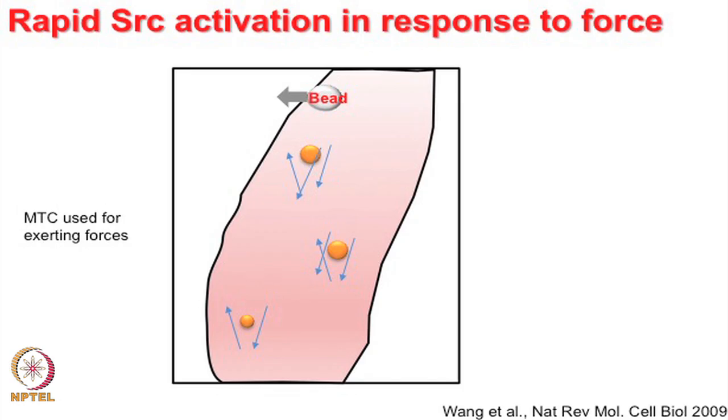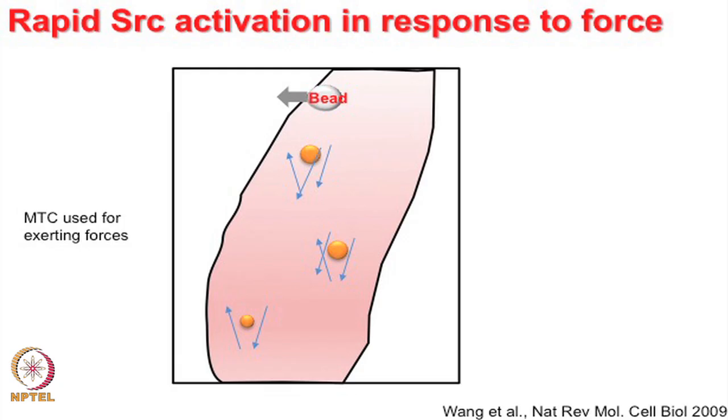And when you exert forces on this bead, what you see is this localization of this protein called SRC at specific positions which are far away from the location at which you have exerted the force. Okay. So, this is just an example showing that this activation is very fast and it need not be at the site of the exertion point at which you exerted the force. It might get activated much further.